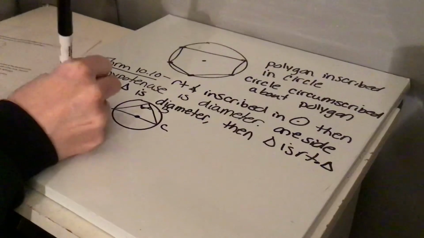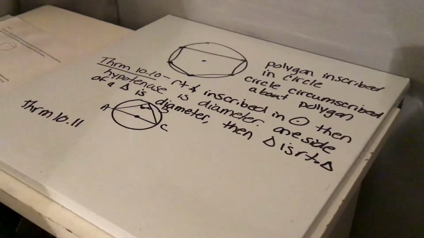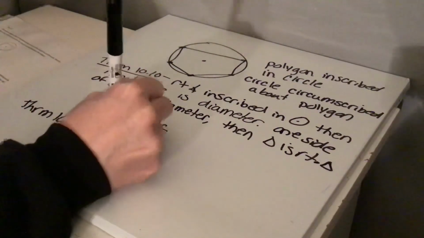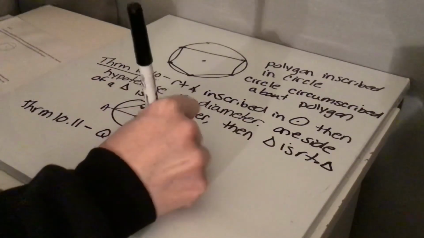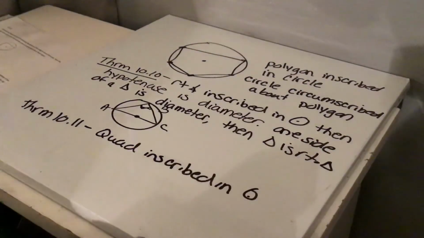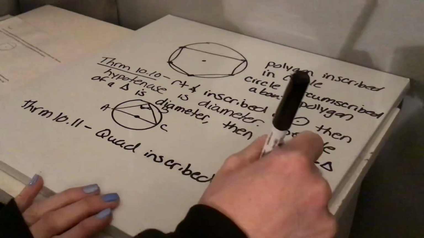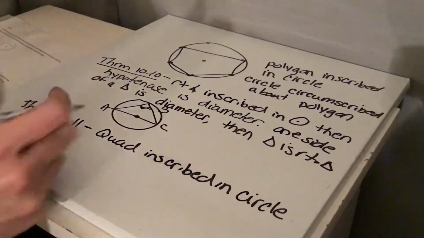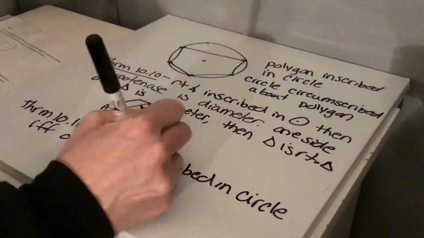The next theorem, the last theorem for 10.3, tells us that if you have a quadrilateral inscribed in a circle, it can only happen if and only if, that's what the double F is, its opposite angles are supplementary.